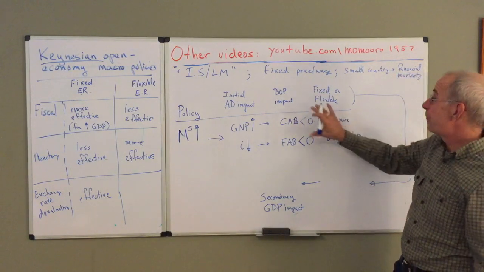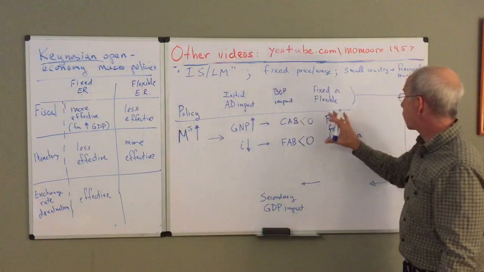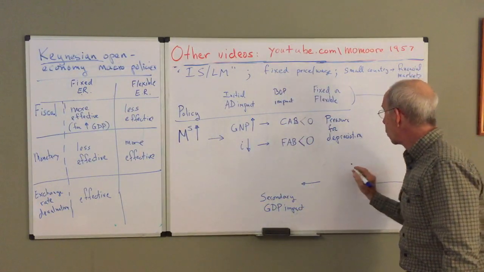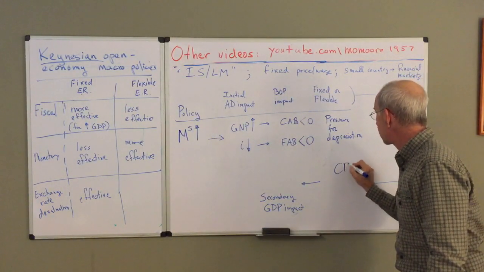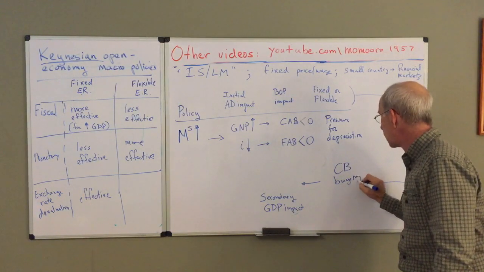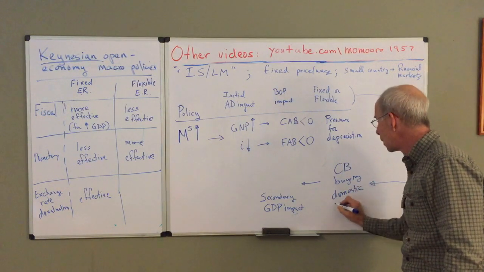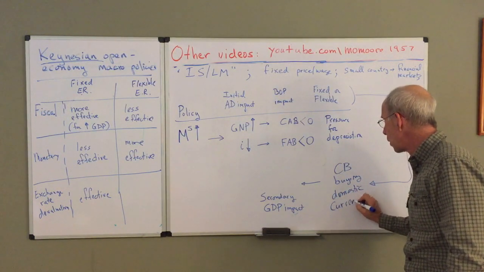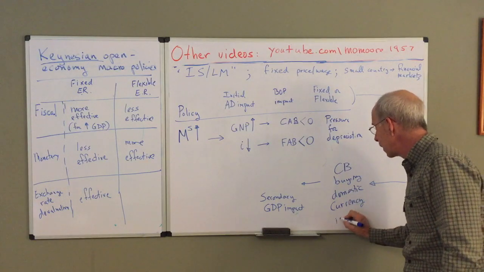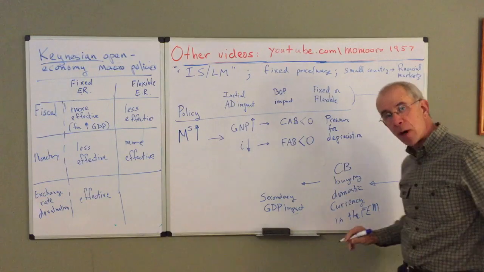So with fixed exchange rates, this pressure for depreciation will result in the central bank buying domestic currency in the foreign exchange market.